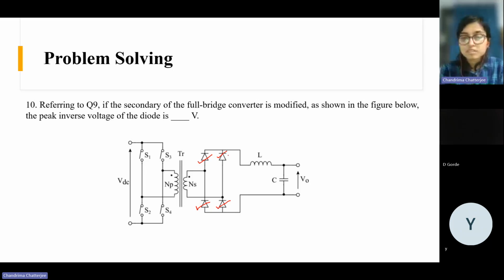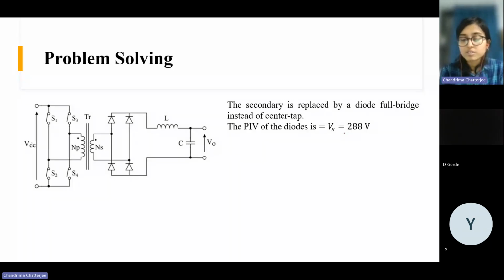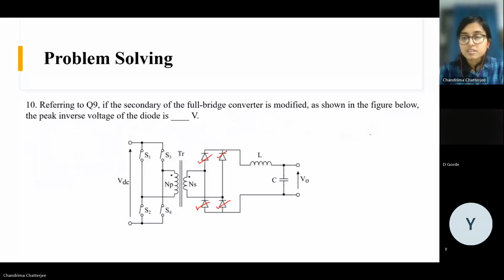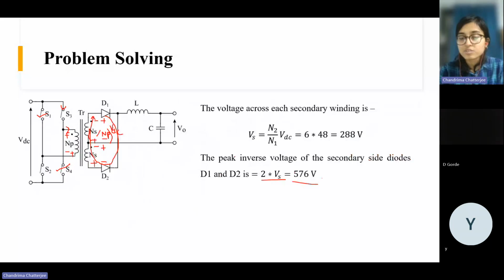conducting. Then this diode and this diode, they will have to withstand a voltage which is Vs, not 2 Vs, right? Here they will have to withstand a voltage equal to this secondary voltage. So now the PIV is 288 volt. Here it was 576 volt.